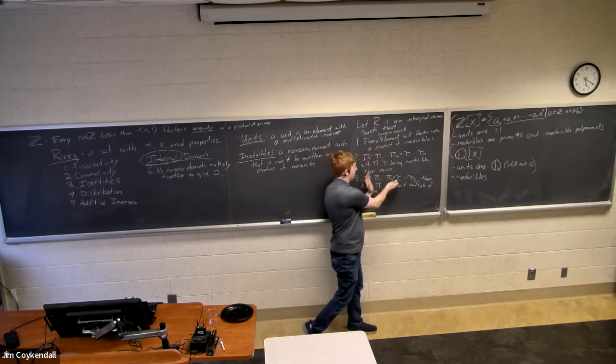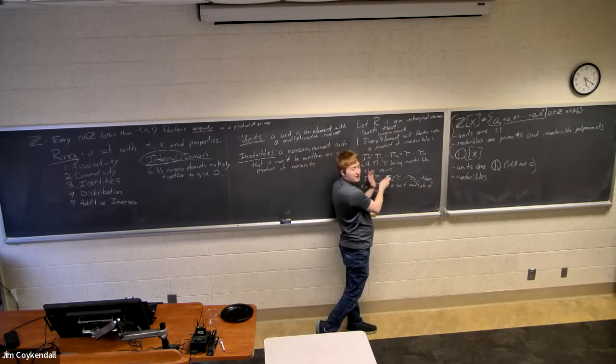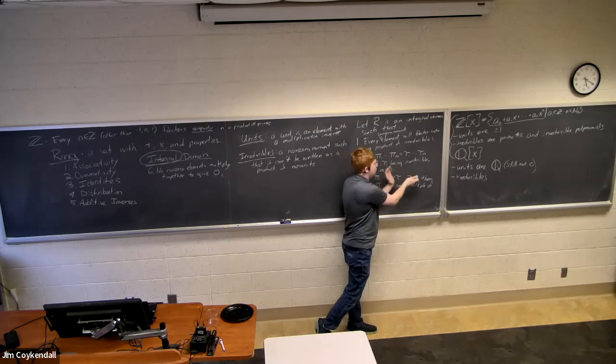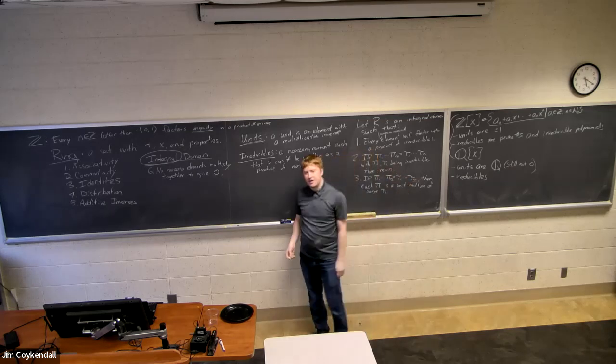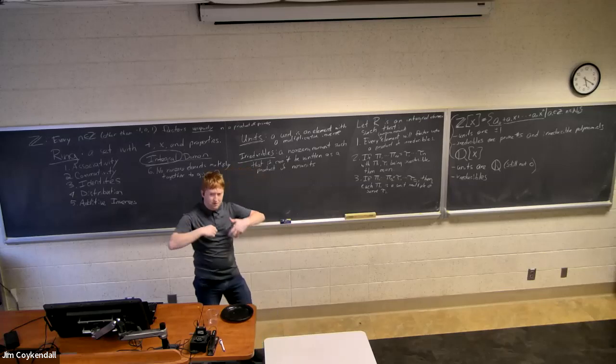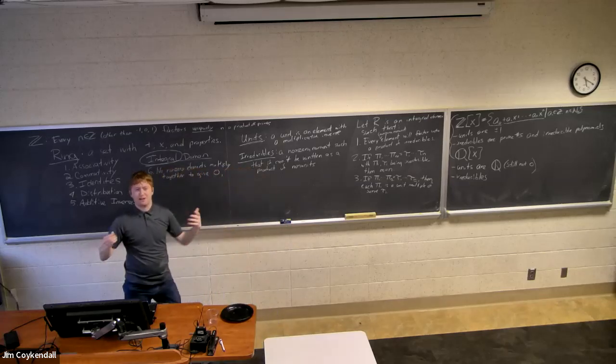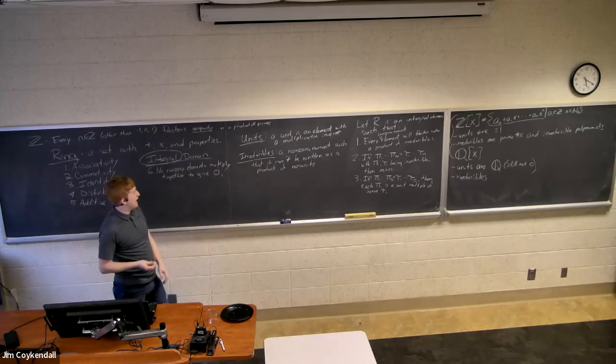So anything we pick over here, any of these irreducibles, it should be a unit multiple of something. Now, why didn't I say it has to be one of the things? Why am I allowing that unit multiple thing to happen?